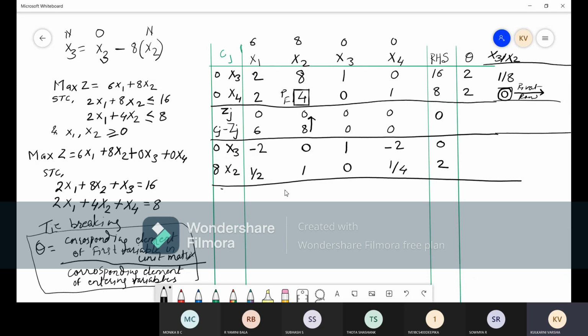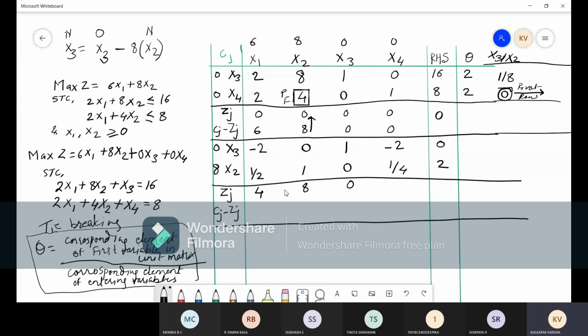So now quickly we have to go for Zj, and then we need to go for Cj minus Zj. Right? So for Zj, 0 multiplied by this is 0, 0 multiplied by this is 0, so we'll just concentrate on this only. 8 into half, so 4. 8 into 1, 8.